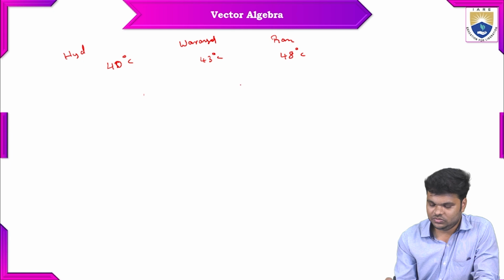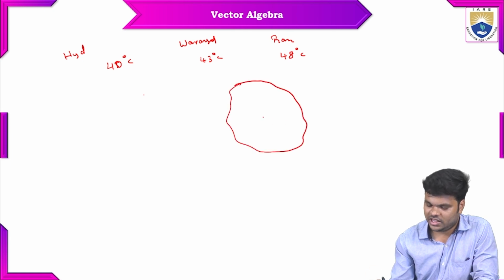Let's consider that this is a map of Telangana, and Hyderabad is somewhere here, with temperature 40 degrees centigrade. Warangal is represented with a bigger dot, at 43 degrees centigrade.